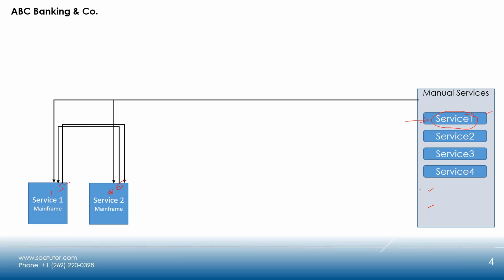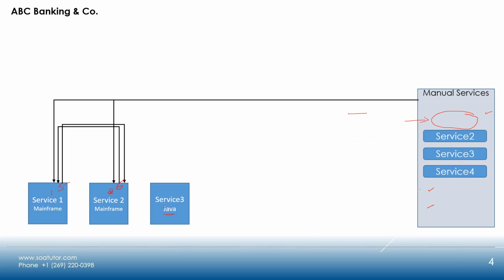So they made service 1 a Java component. They thought, okay, now it's time for this service to be implemented as a software component. And then they implemented service 3 using Java. It's not only Java, it could be any other technology for that matter. I'm just giving an example like Java.